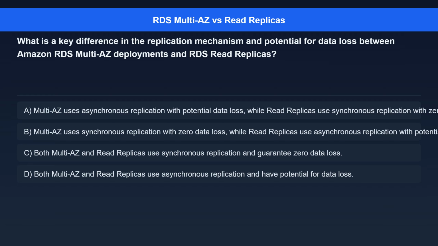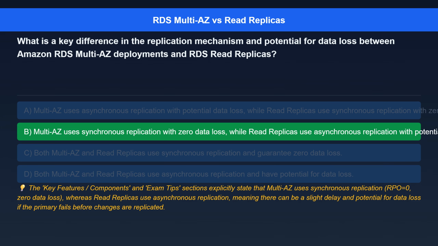Option B. Multi-AZ uses synchronous replication with zero data loss, while read replicas use asynchronous replication with potential data loss. Option C. Both multi-AZ and read replicas use synchronous replication and guarantee zero data loss. Option D. Both multi-AZ and read replicas use asynchronous replication and have potential for data loss.